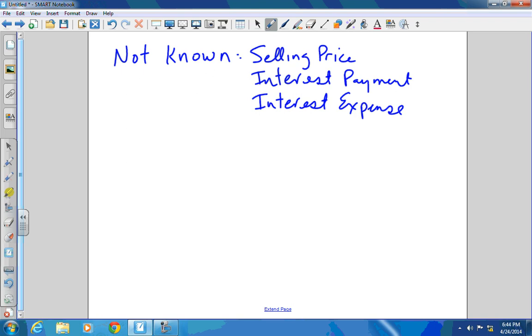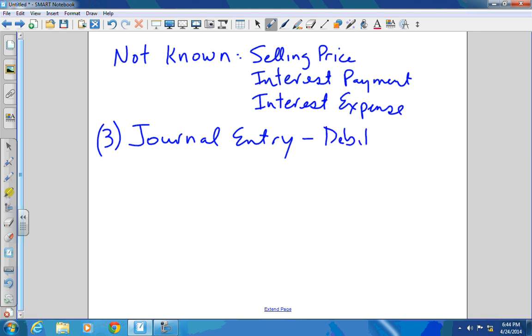And once we've done that, right, we have to think about this and what do we have to provide for the answer in terms of accounting? Well, we need a journal entry, so we need to know debits and credits. So remember, when we issue bonds, we're going to debit cash.